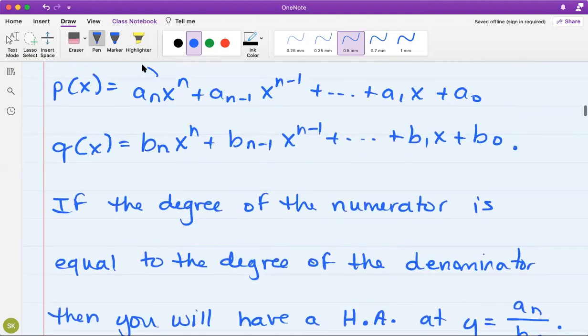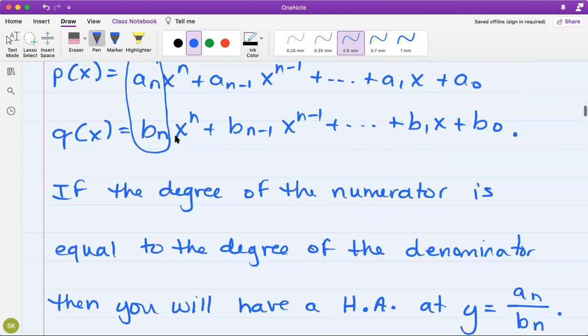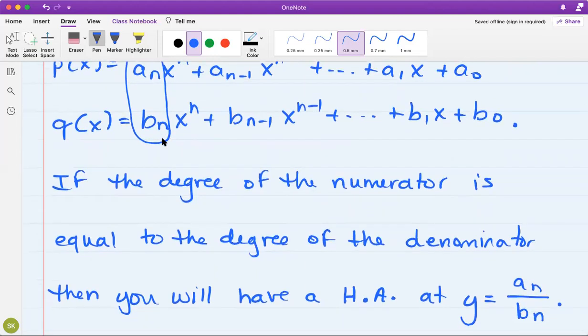So you're just going to take those two leading coefficients and divide them, and that will give you your horizontal asymptote.